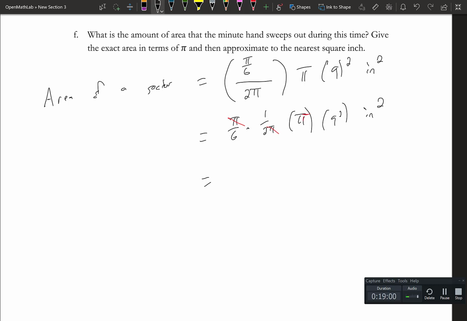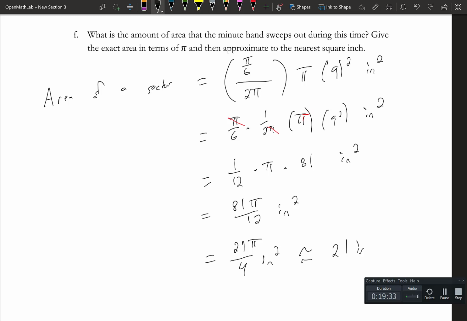What we end up getting is 1/12 times pi times 81 square inches. So this is 81 pi over 12 square inches, which we can divide top and bottom by 3. That would be 27 pi over 4 square inches. So there's the exact answer, and this is approximately equal to 21 square inches.